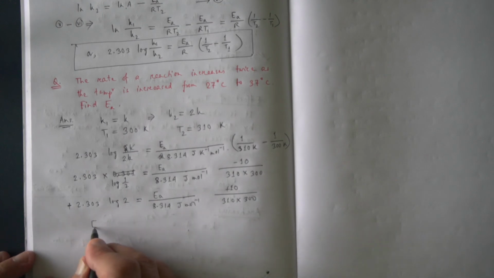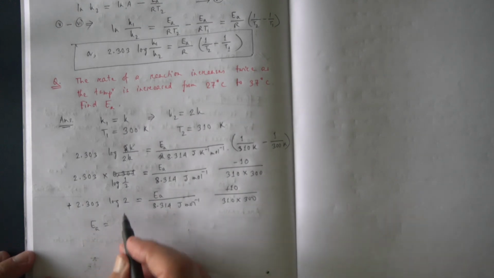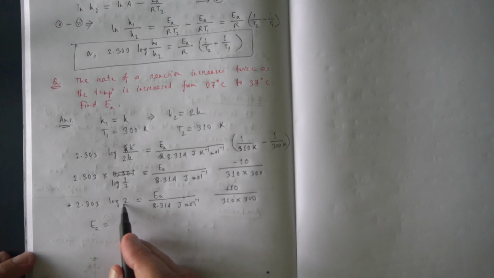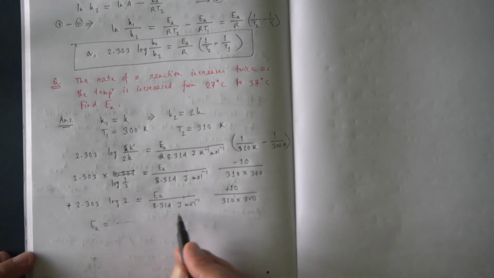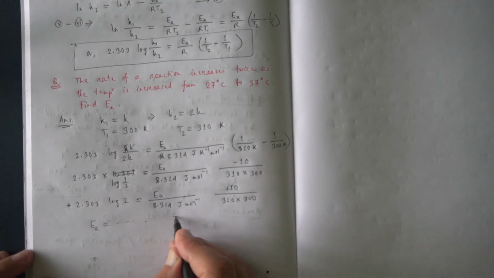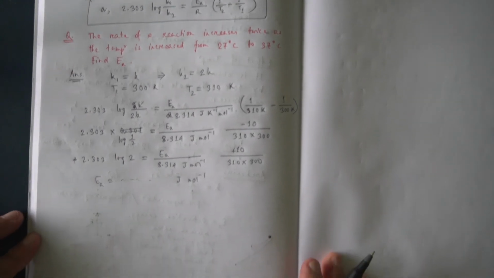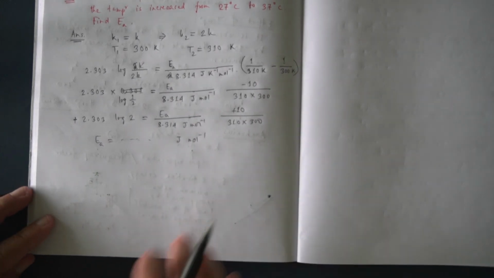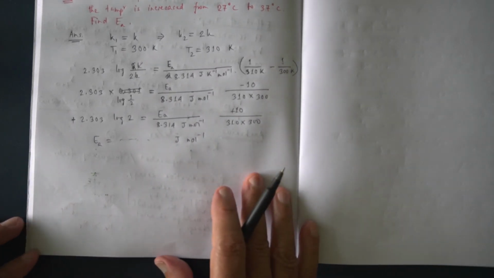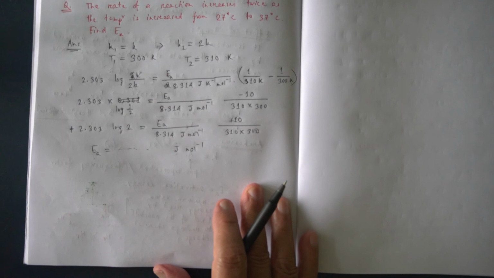Then you just simplify and find out. This is 0.301. A unit will be joule per mole. Okay. So this is how we can solve it. Activation energy we can find out. So this is very simple, no difficulty at all, I think.